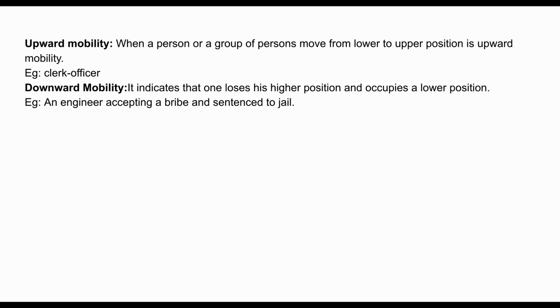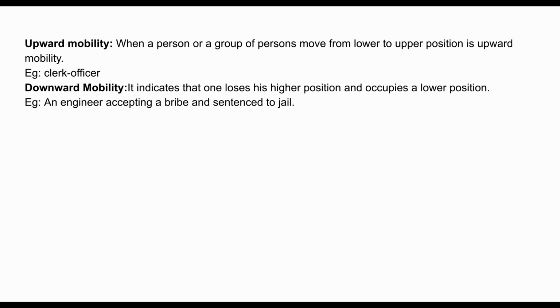From there he accepted the bribe and he came back to the bottom position, that is, he went to jail. So this is upward and downward mobility. We have learnt about horizontal, vertical, and in vertical there is the sub-classification of upward and downward.